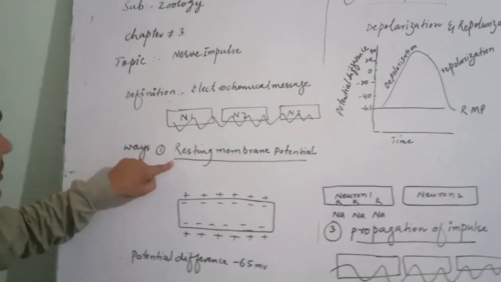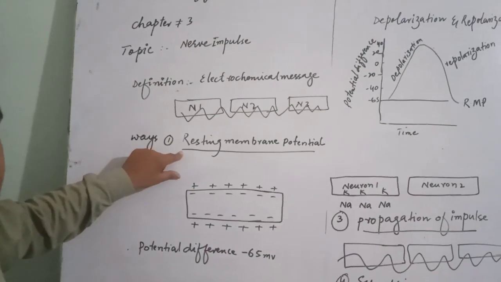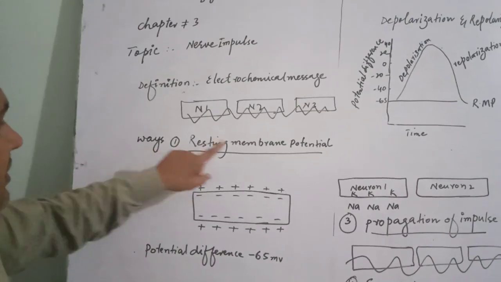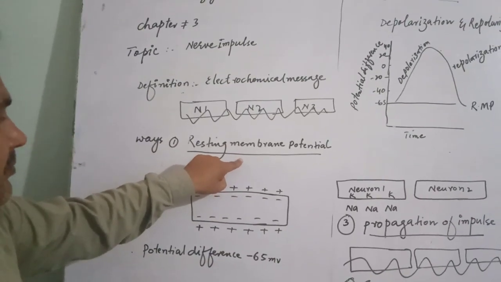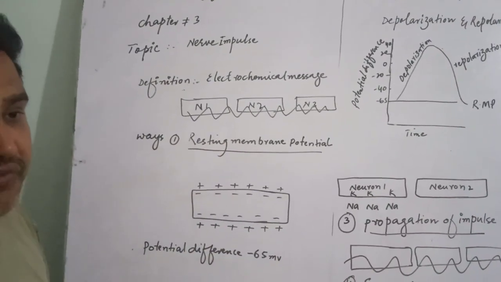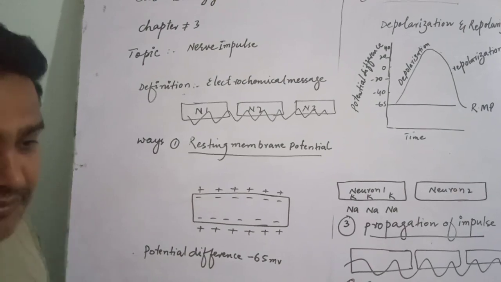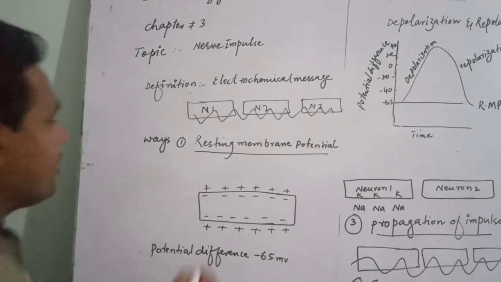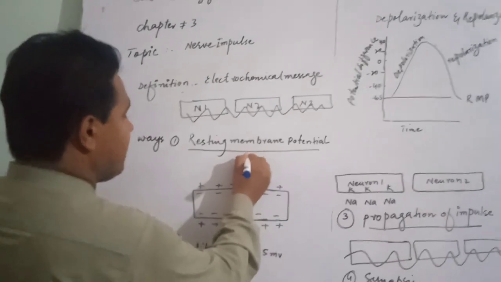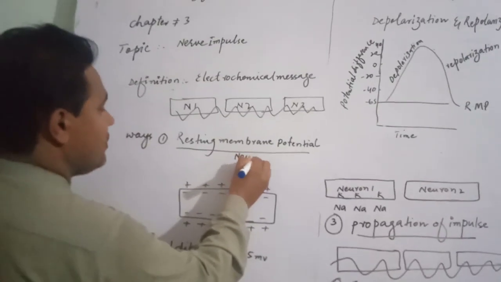Now, number 1, resting membrane potential. Here the word membrane means the membrane of the neurons. The membrane of neuron is called neurolemma.